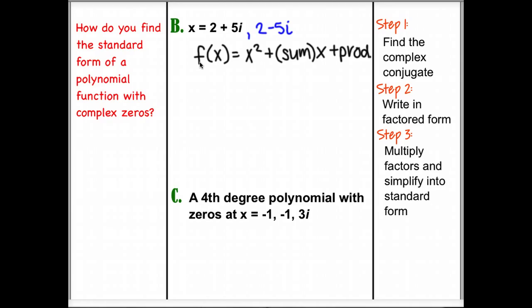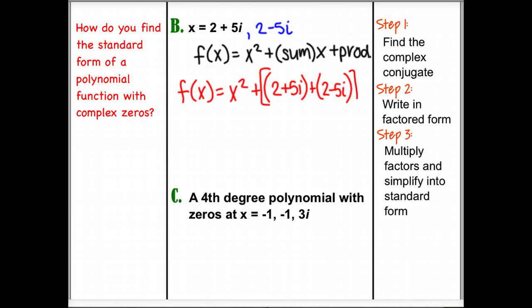So knowing that, that's saying that f of x here is equal to x squared plus the sum of my x's, so that's 2 plus 5i plus 2 minus 5i. And I'm going to continue in the next line since I made that kind of big, plus the product of these, which would be 2 plus 5i times 2 minus 5i.